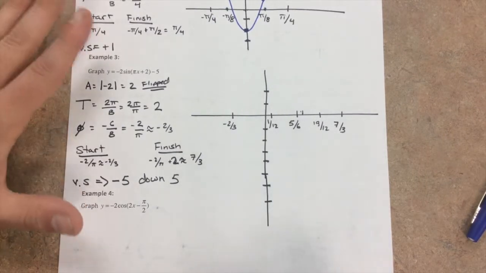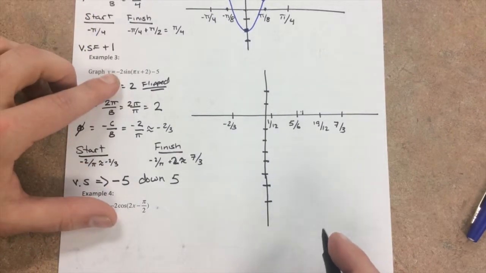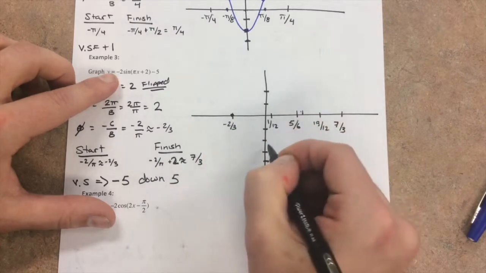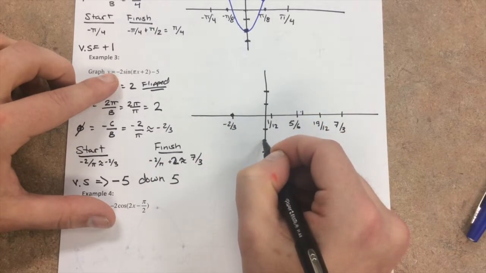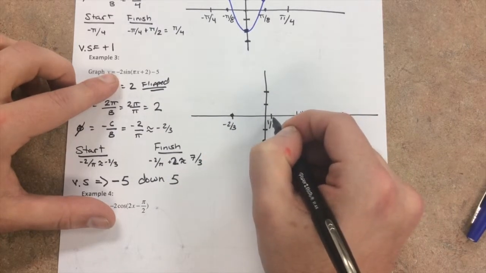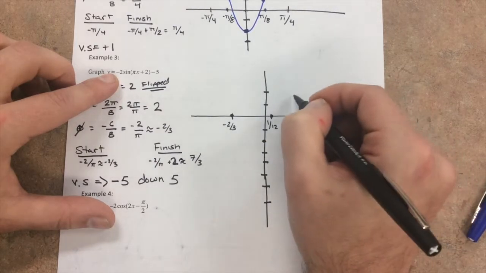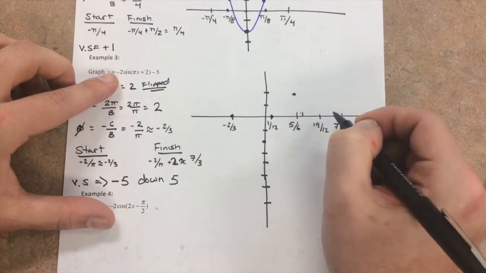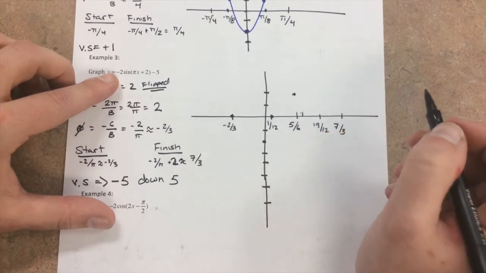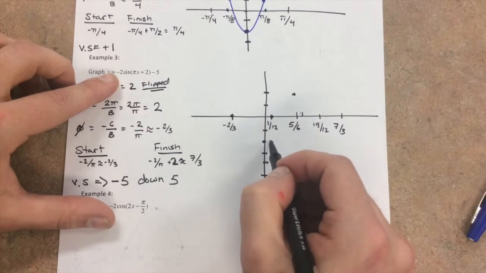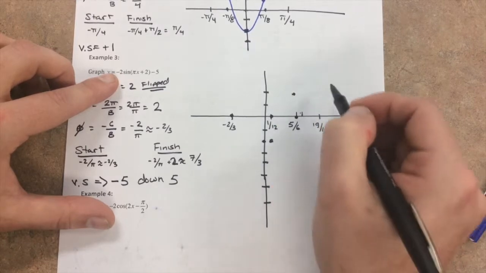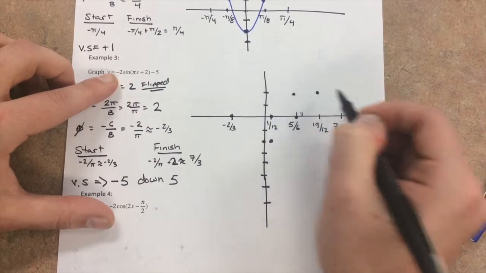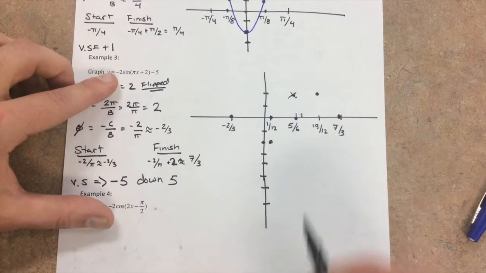So normally, since this is sine, we would be 0, then down 2, then 0, then up 2. Oh, sorry. 0, then here, then here, then here, then here. Ignore that spot.